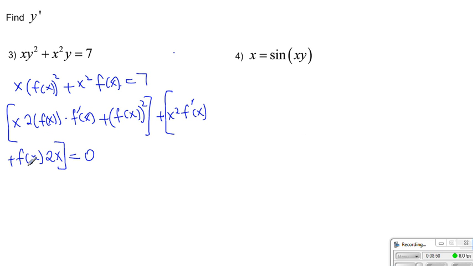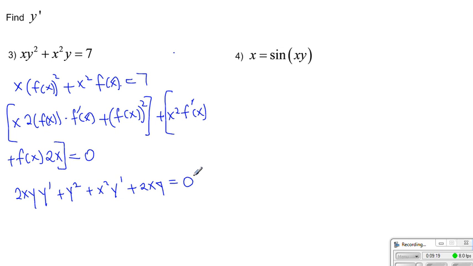Here, if we rewrite this one, we'll end up getting 2xy times y prime. For the first one, I just rewrote it, plus y squared. On the other side, we have plus x squared y prime plus 2xy is equal to 0.